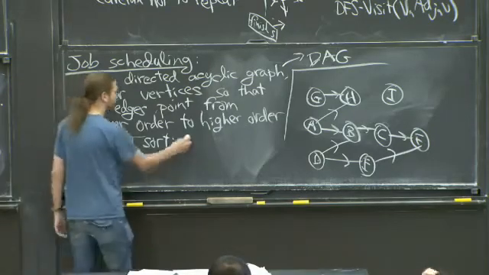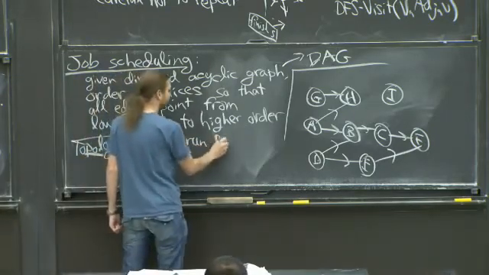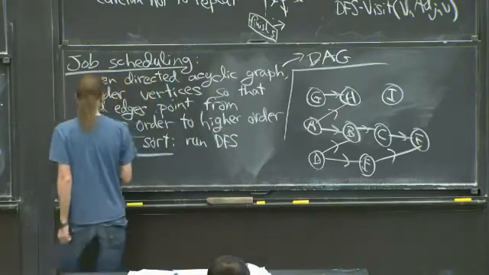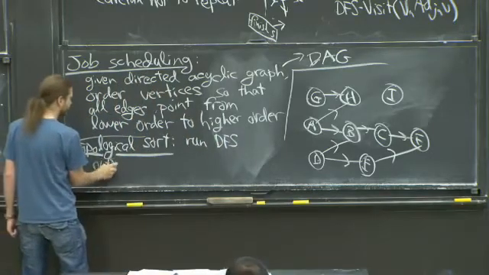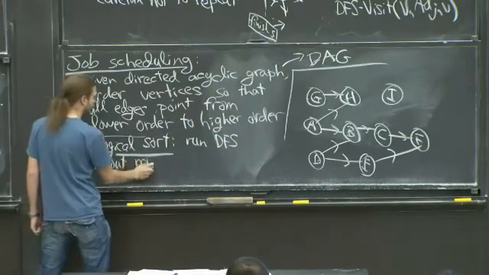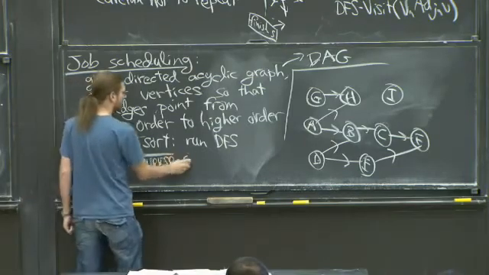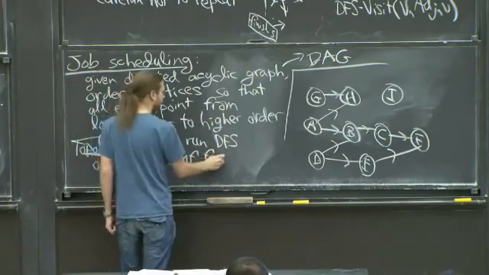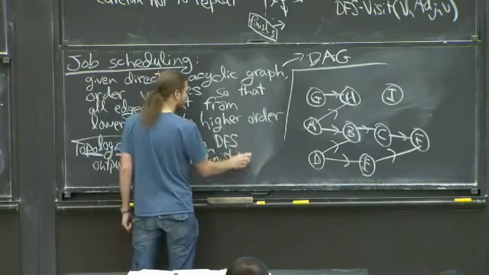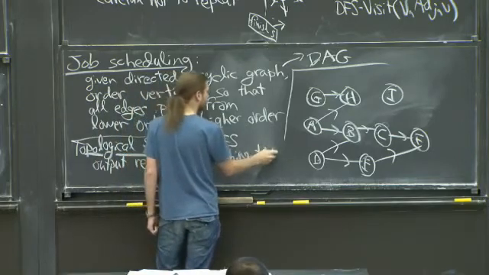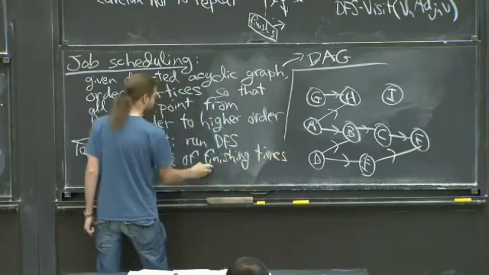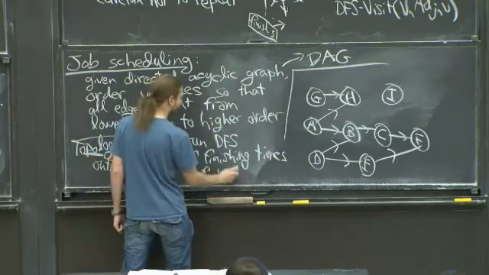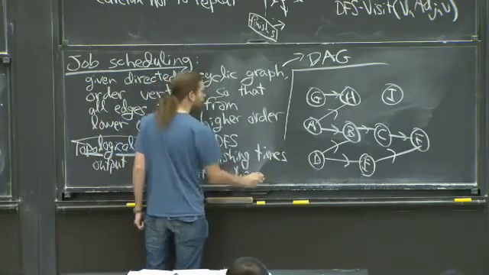It's: run DFS and output the reverse of finishing times of vertices. So this is another application where you really want to visit all the vertices in the graph.